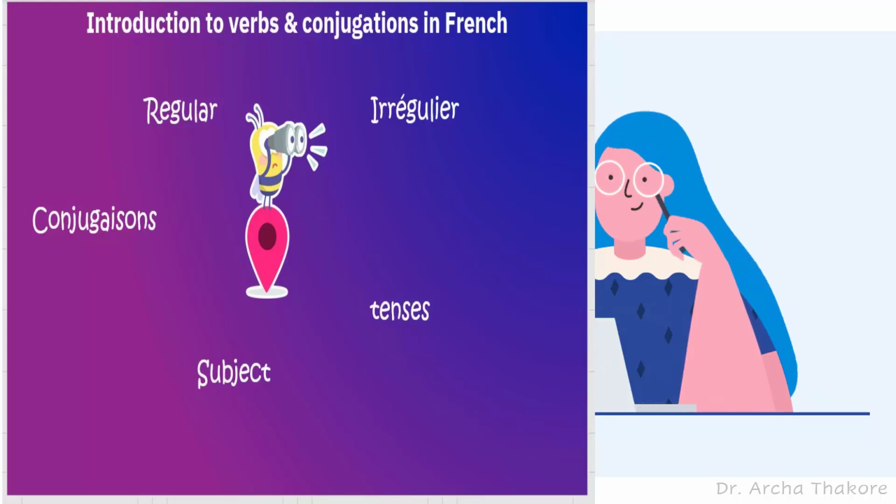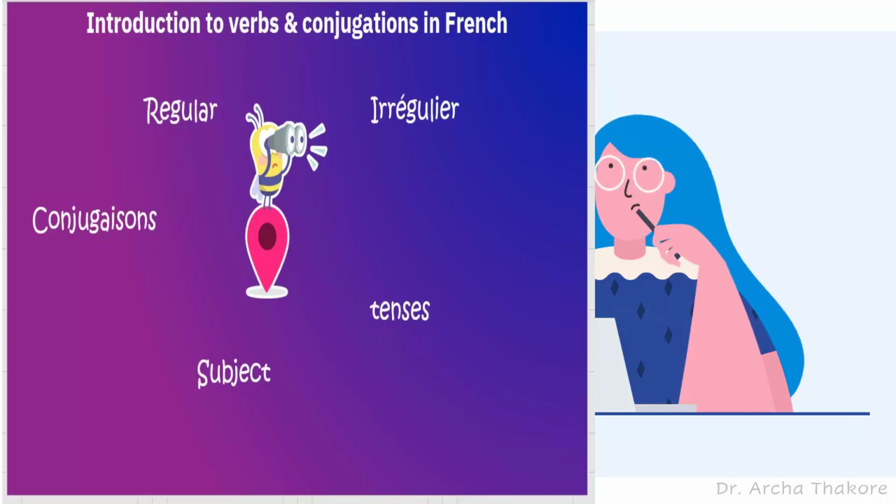What will be the past form? Reached. Climb? Climbed. But if I say see, what will be the past form? Saw. Teach? Taught. So not every verb can be changed into past by adding ed.